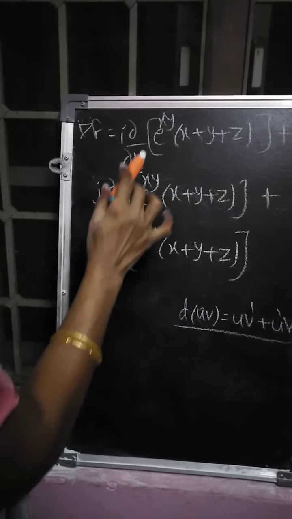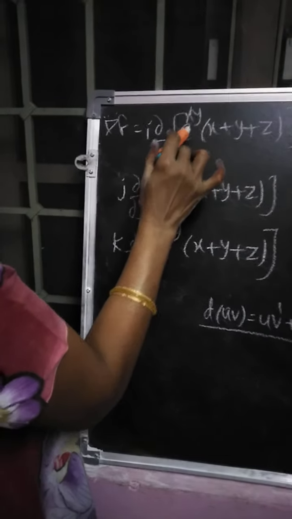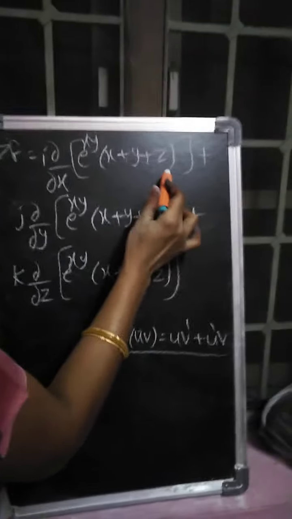Then we first differentiate e power xy with respect to x, keeping the other factor constant.